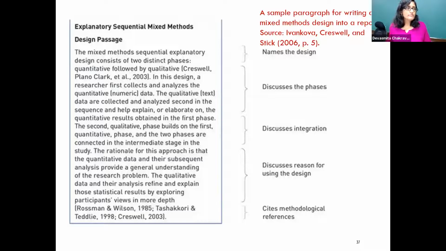Maybe you are looking at one particular phenomenon that has been done quantitatively, that also has been done qualitatively, but has not been done using a mixed methods approach. So then you can cite the qual papers and the quant papers, and that becomes your rationale for doing a mixed method, that by doing just one phase, we only have a one-dimensional view of the research problem. Now we are going to get a 360-degree view of the research problem. It's very simple. Just look at how they have designed.